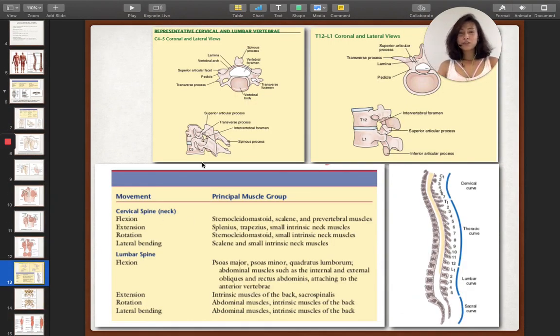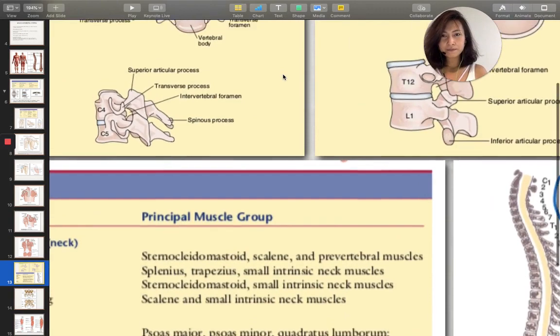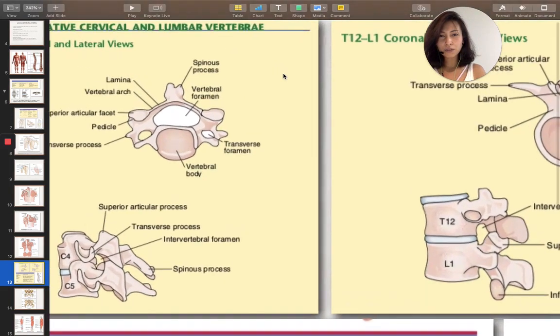All right, so let's look at the little parts of the bones here. It's very beautiful. So here is the spinous process. And these are the vertebral foramens. Wait, I'm going to zoom it for you. Okay.